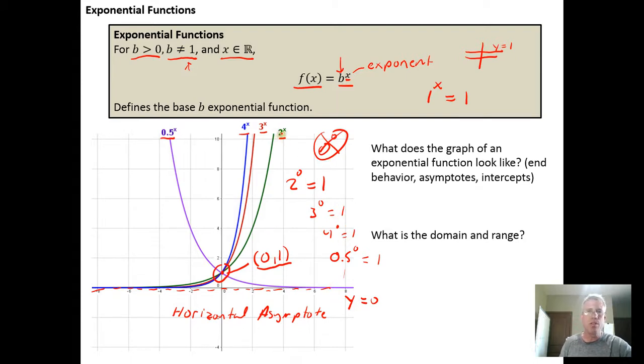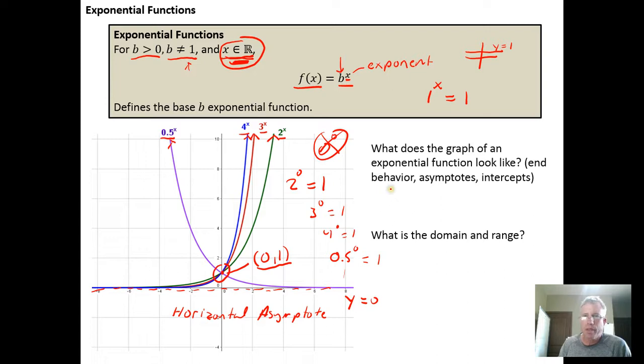The other key feature is we see these exponential functions are all going to infinity for their outputs. And if we look carefully at any one of these, we see that the domain is negative infinity to infinity. In fact, that's driven home right here in the definition. x can be any real number, which means x will go from negative infinity to infinity.